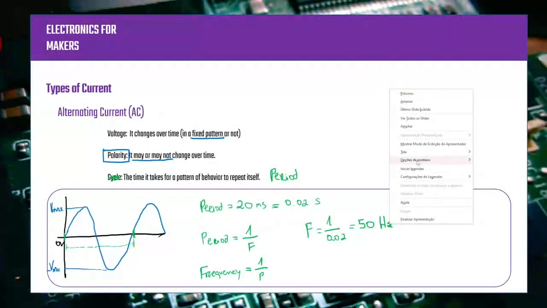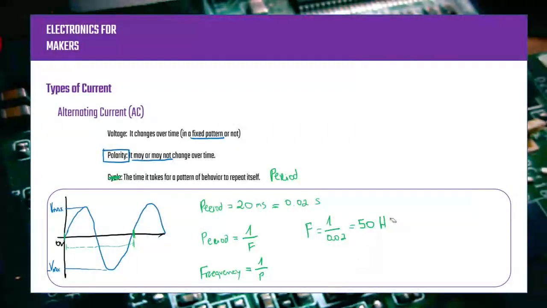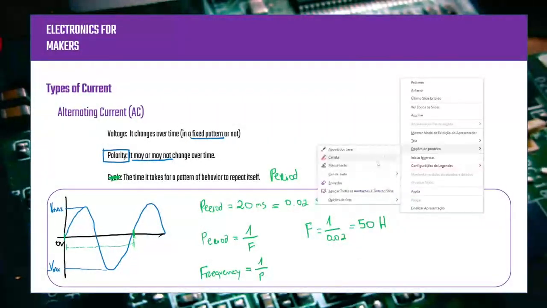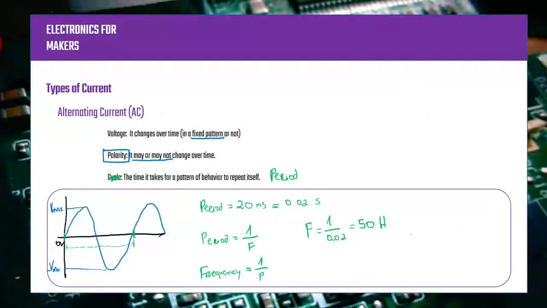Sorry again, let me just erase it real quick. So you see we have not only voltage and polarity in alternating current, we also have cycles and periods and frequencies.